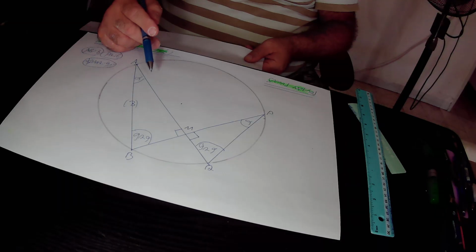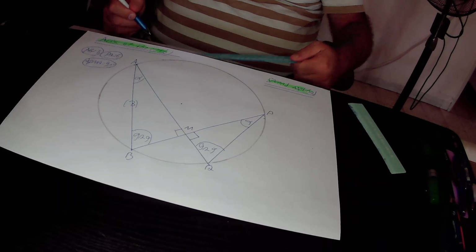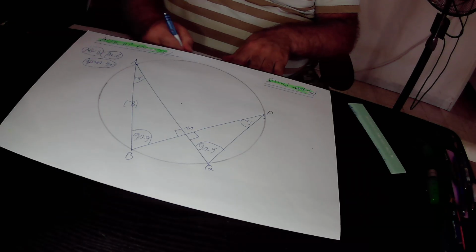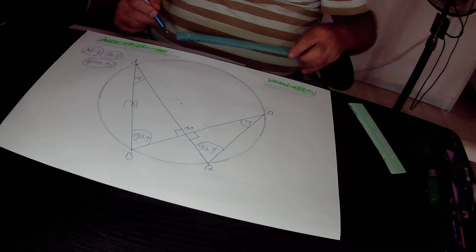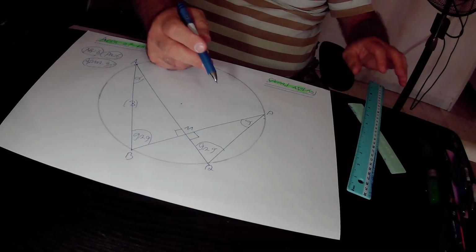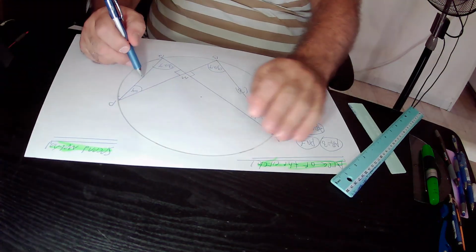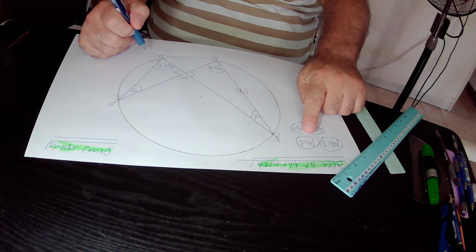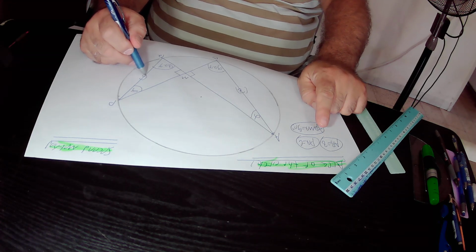AB equals 8, over PQ. It is given in the question that PQ equals 6. Here PQ equals 6, I just forgot to write it here.